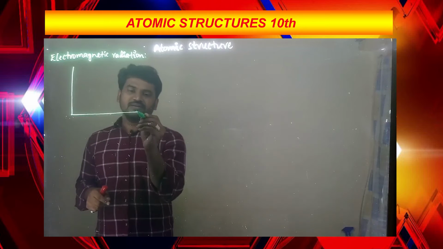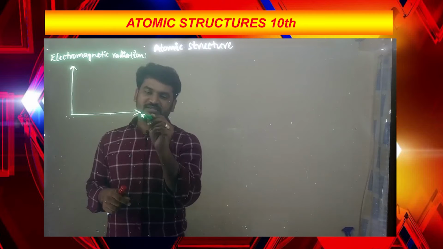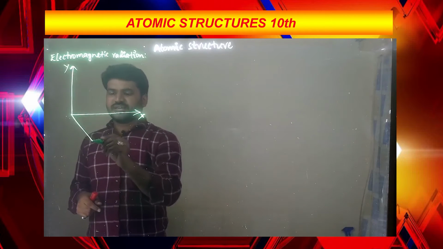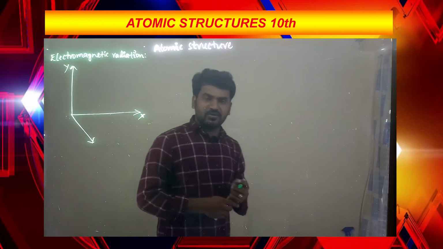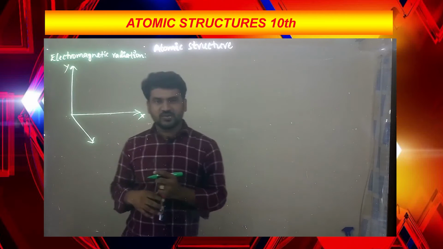So we'll make three axes. This is our x-axis and this is our y-axis, and one z-axis will be there like this. So three axes, that is three dimensions, are there, as you already know. They are perpendicular to each other.